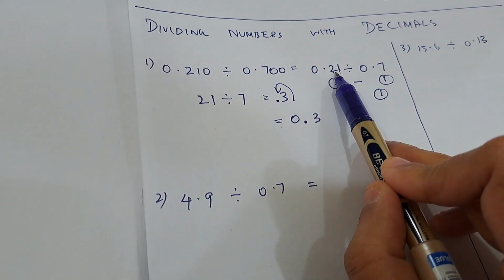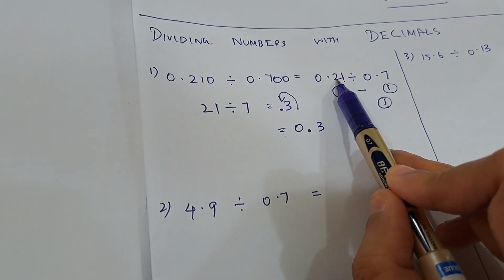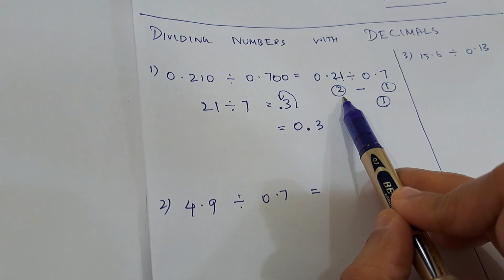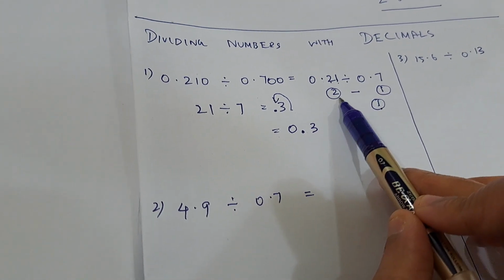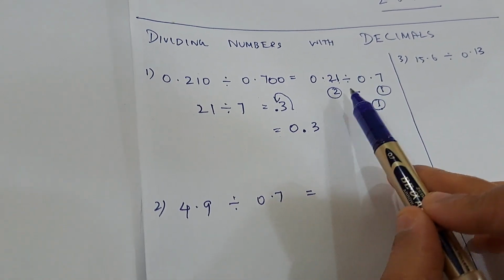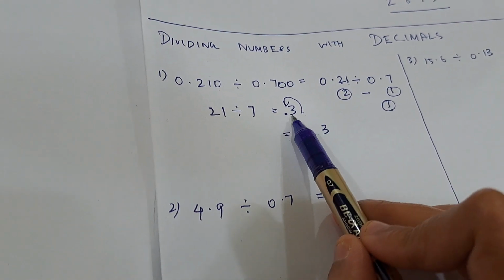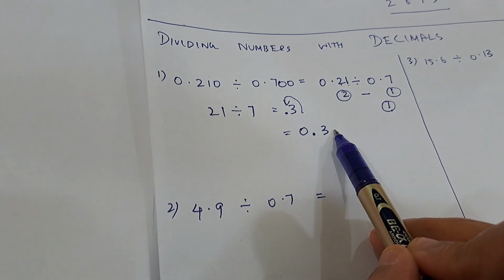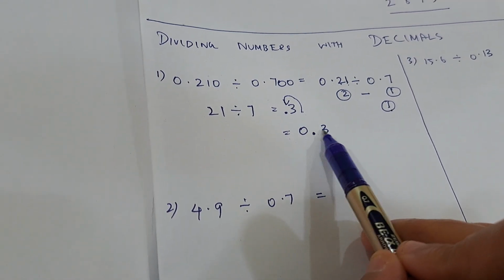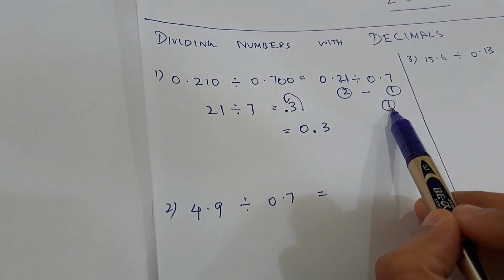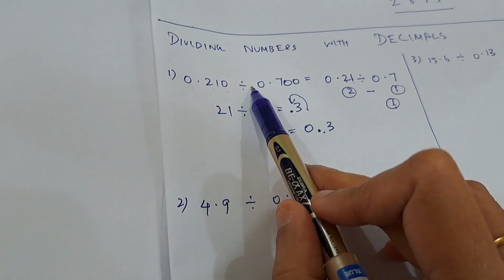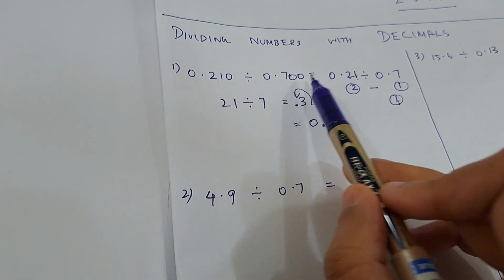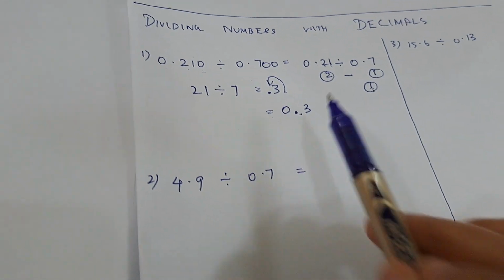There were 2 digits after the decimal point in this number, and in the next number, there was 1 digit after the decimal point. Subtract in the case of division. 2 minus 1, 1. So, after finding the answer, I will go left by the number of digits, 1. So 0.210 divided by 0.7 will be 0.3.